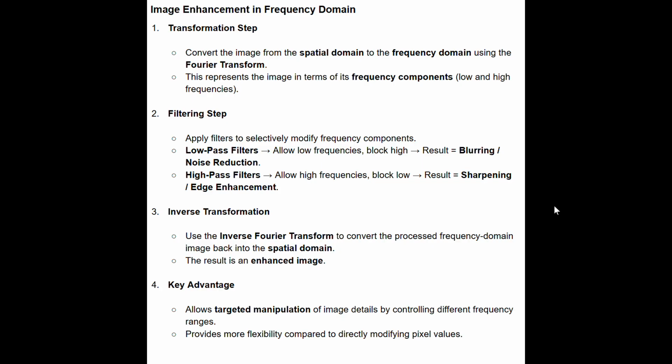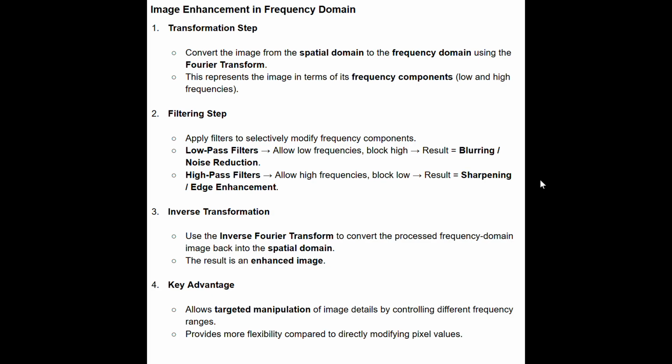Okay, let us see about image enhancement in the frequency domain. We are starting with the actual contents of the third unit now. There are certain steps involved whenever we are considering image enhancement in the frequency domain. The first step is the transformation step. Here we convert the given input image, which is in a spatial domain representation, to the frequency domain using the Fourier transform.